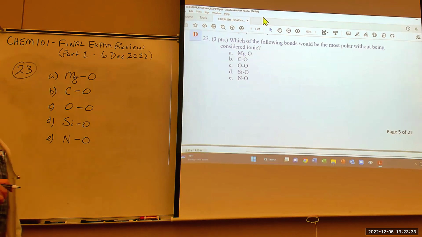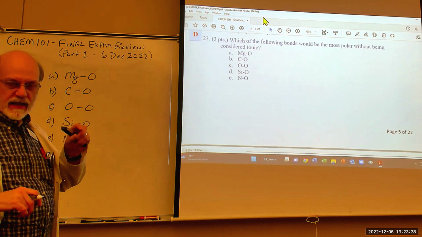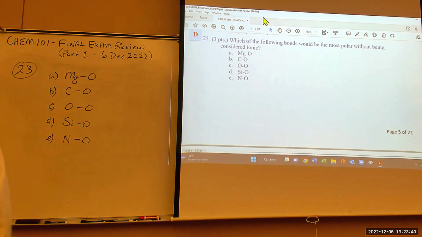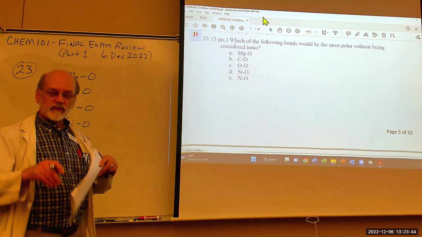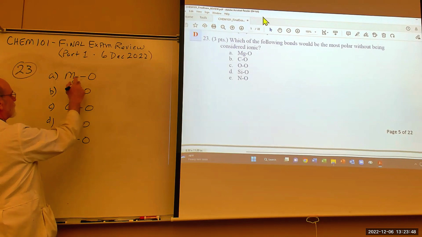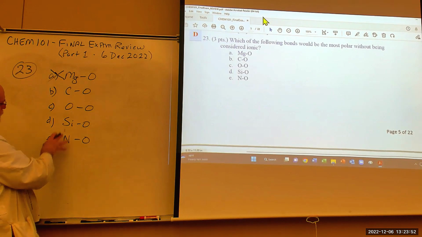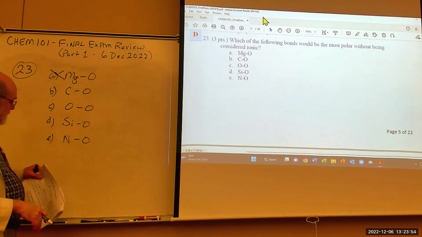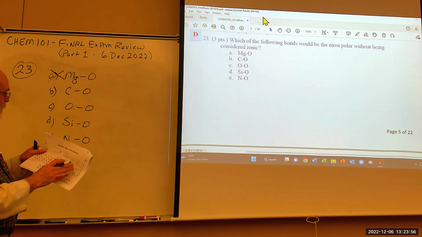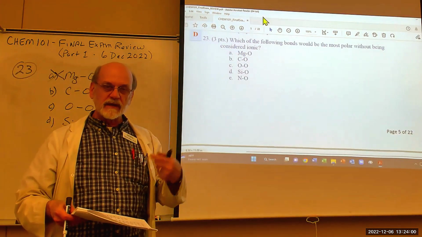Okay, so let's work the problem without being considered ionic. So which one would be ionic? Ionic bonds form between metals and nonmetals. Metal, non-metal. Can't be that one. That's ionic. How about the rest of them? According to our periodic table, the rest are non-metal to non-metal.